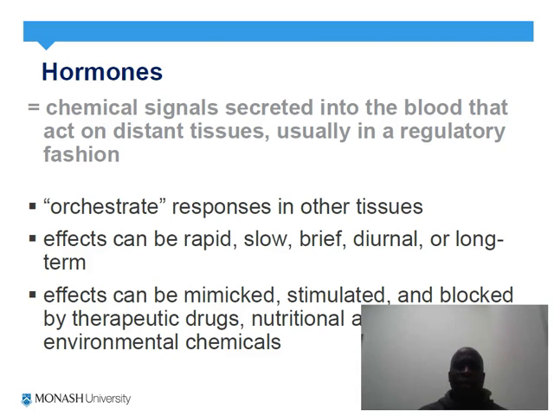Hormones are chemical signals that are secreted into the bloodstream, which act on distant tissues, usually in a regulatory fashion. Meaning when they are produced, let's say from the pituitary gland under the brain, they enter the bloodstream and affect tissues and organs in remote parts of the body. That's the nature of hormones.